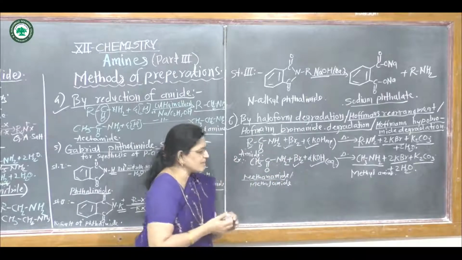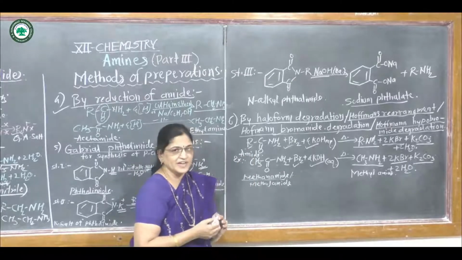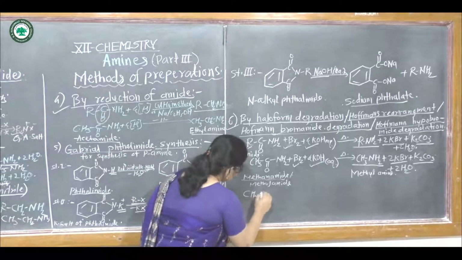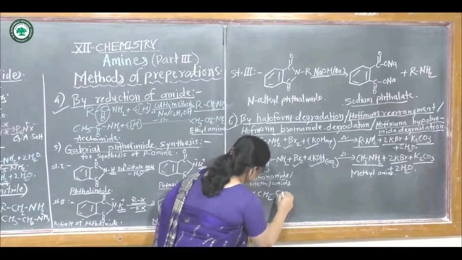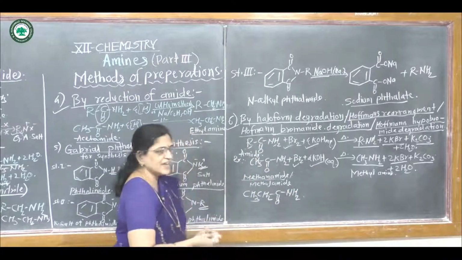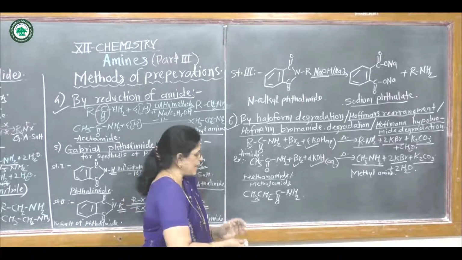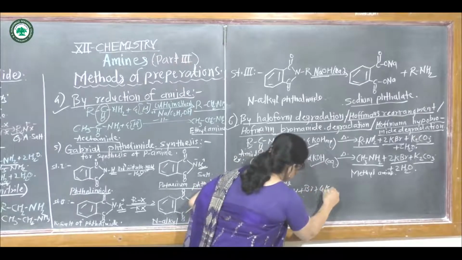Suppose we are to prepare ethylamine by using Hofmann's bromamide degradation. Then for this reaction we have to take CH3CH2CONH2, that is ethylamide or ethanamide, plus bromine plus KOH.